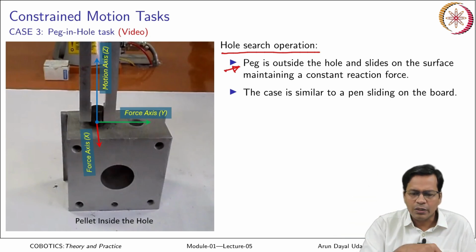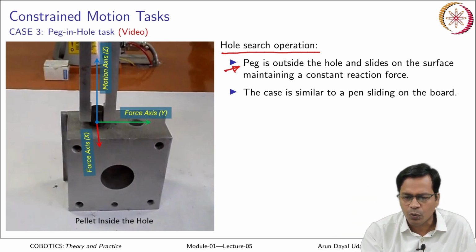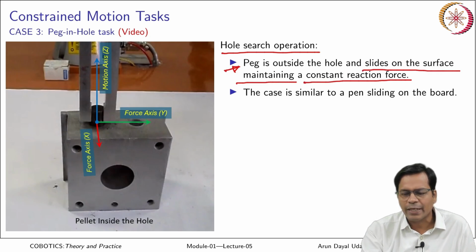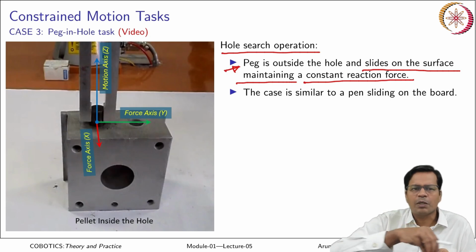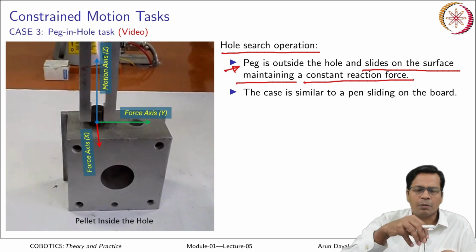When it is on the surface and outside the hole, the robot slides on the surface maintaining a constant reaction force. While it is searching, it does maybe a spiral search or some other kind of search, okay, Lissajous search for rectangular subspaces.